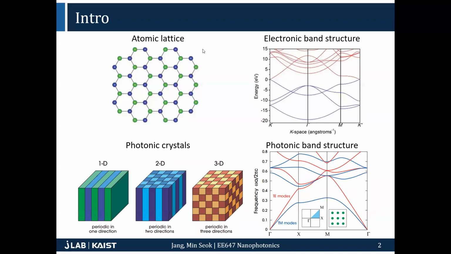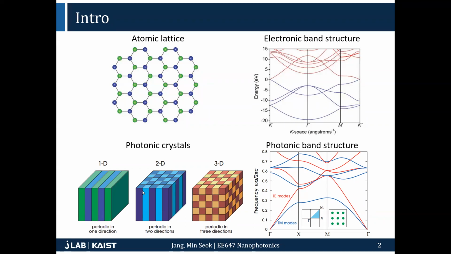And if you have this type of lattice, you have a band structure that looks like this. This is an electronic band structure, and it arises from the periodic placement of atoms.